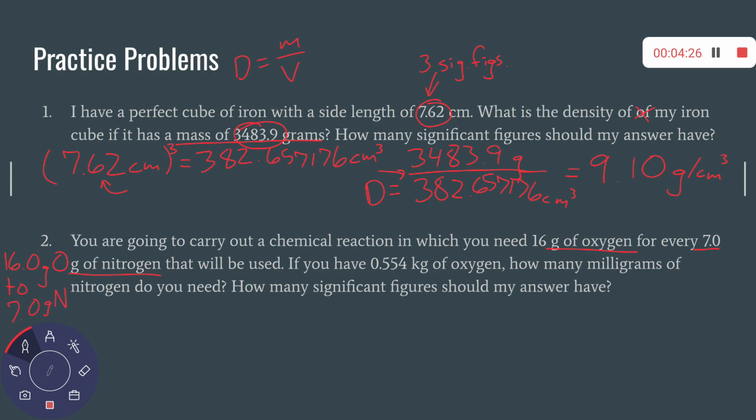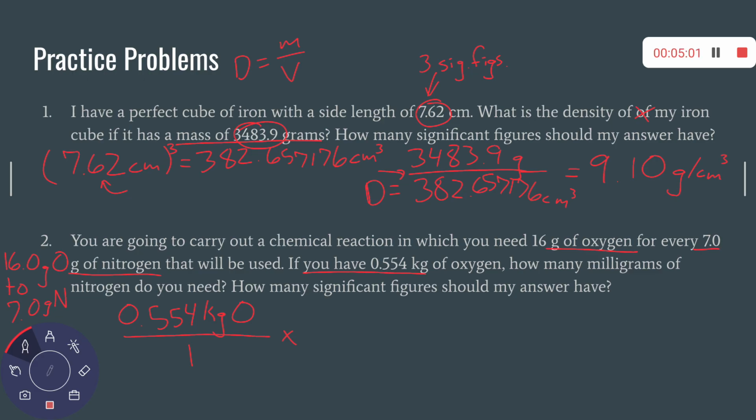And in a unit conversion problem, when we are multiplying fractions, that makes sense. That's really a conversion factor in disguise. What I also need to look at is the fact that I have 0.554 kilograms of oxygen. That's my starting amount. That's where I'm going to set up my first fraction.